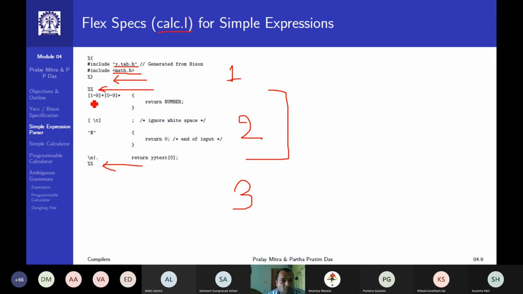So for the pattern 1 through 9, this plus is the positive closure, and this star here is the Kleene closure. But you know that subscript and superscript we cannot write in a program. That's why the convention is like this. So starting with 1 through 9 and any number of digits, that will give me the number. So if it is the pattern, then I will return number.